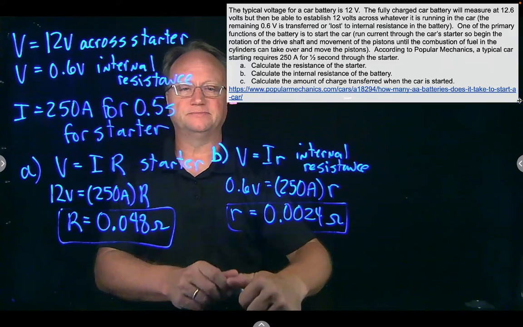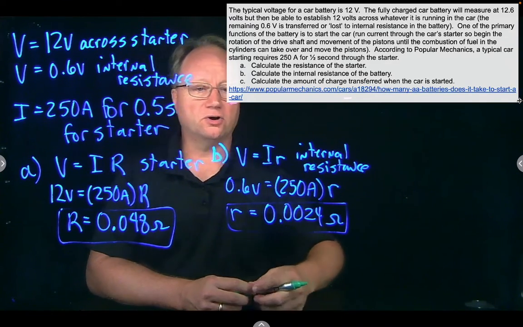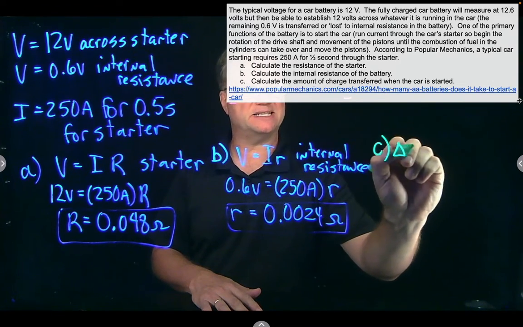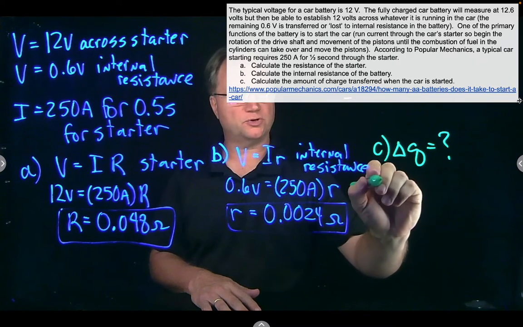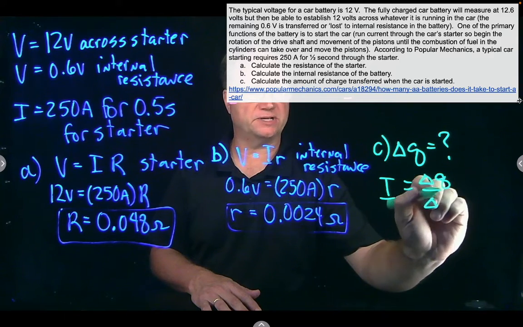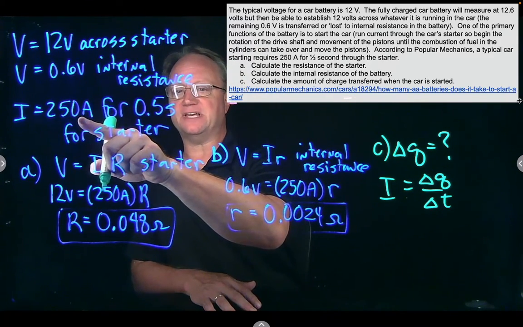Part C, calculate the amount of charge transferred when the car is started. Amount of charge in part C, that's a delta Q, which means we're going to have to pull our current equation. I is equal to delta Q over delta T. So our current is the 250 amps.